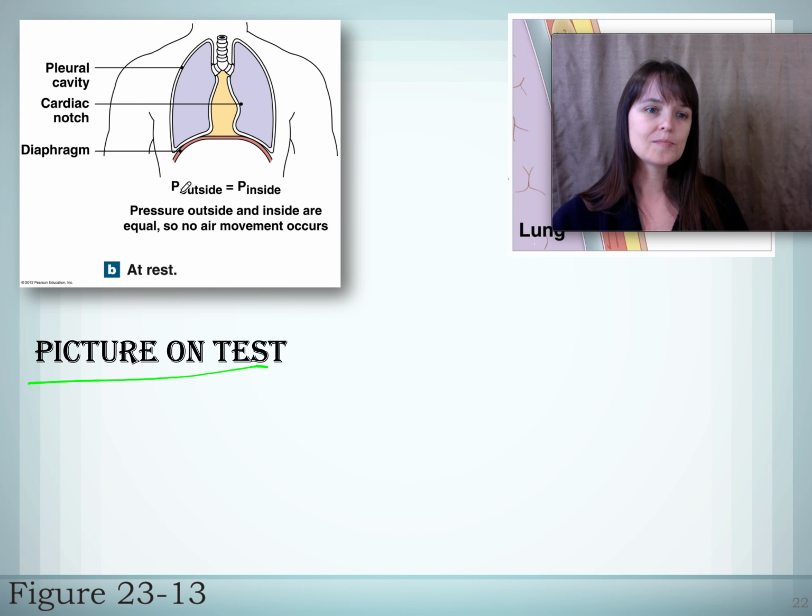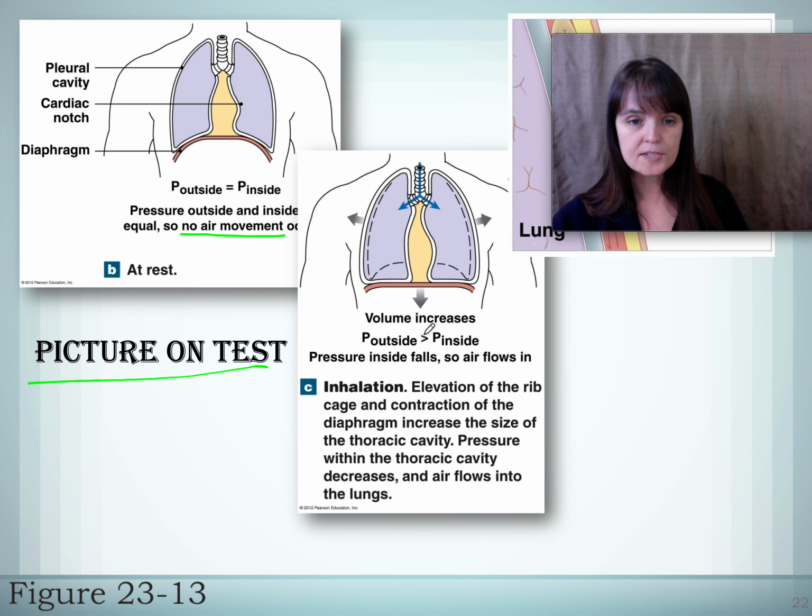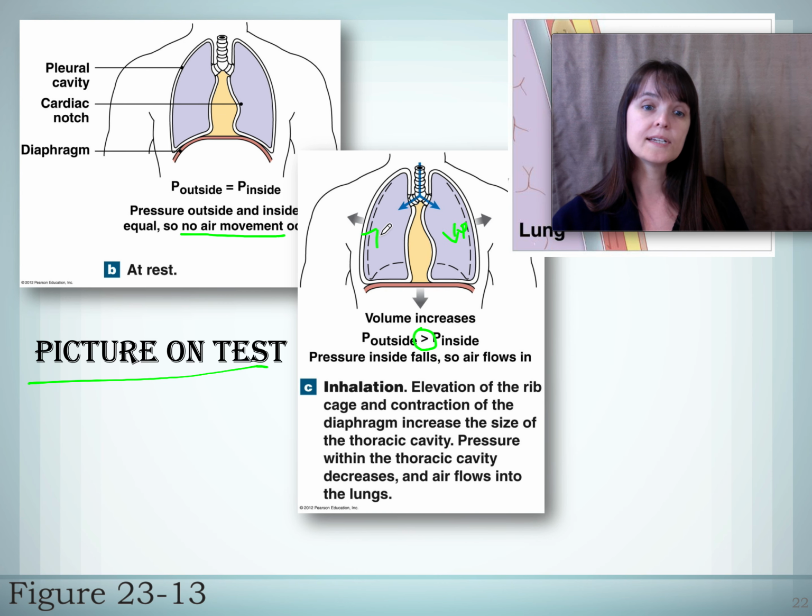So, when the pressure outside equals the pressure inside, there is no air movement, because air only moves when you squish it, from areas of high pressure to areas of low pressure. And then here you see when pressure outside is greater than pressure inside. So how do you make the pressure outside greater than the pressure inside? How do you lower the pressure inside? You increase the volume. How do you increase the volume?